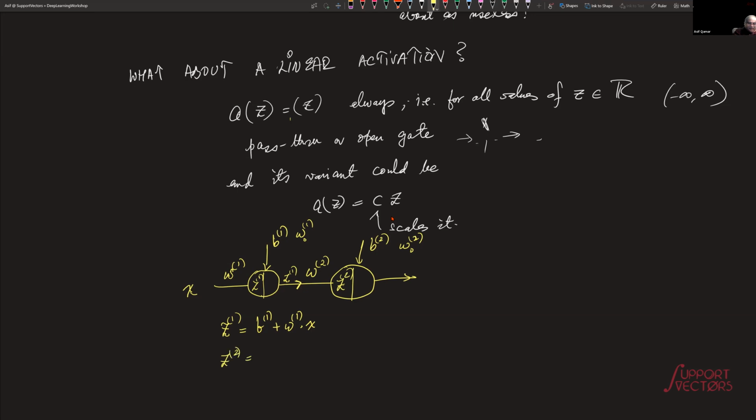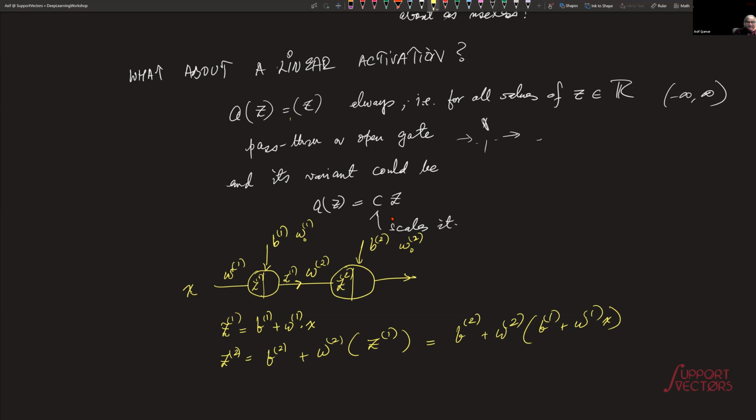Z2 is bias 2 plus W2, the weight of the second layer, times Z1, isn't it? And this is equal to B2 plus W2 times (B1 plus W1X), isn't it?